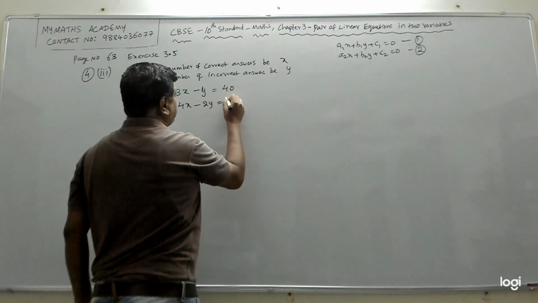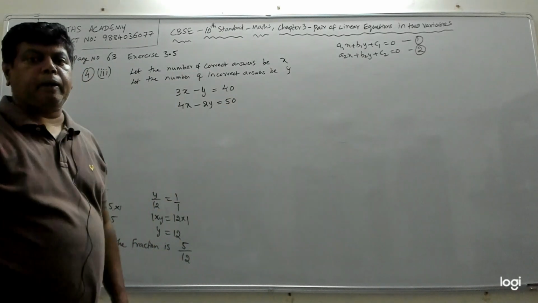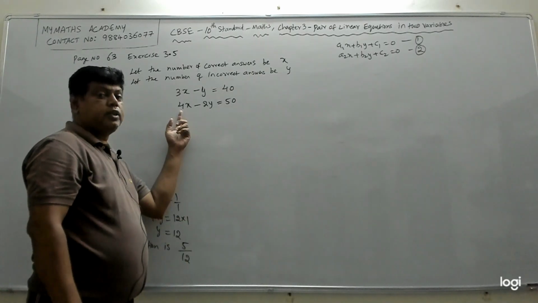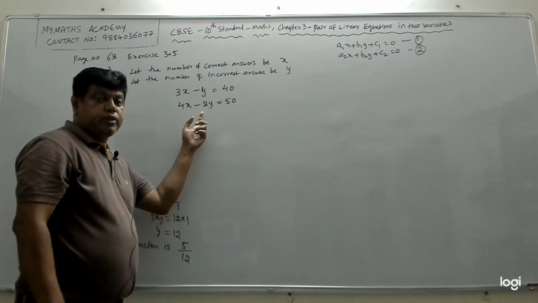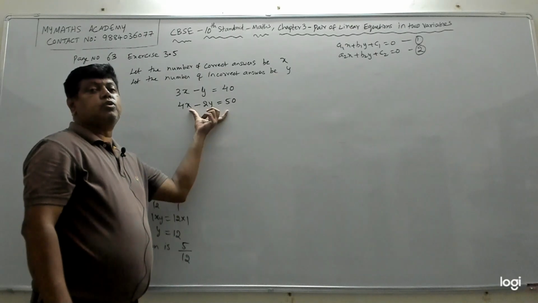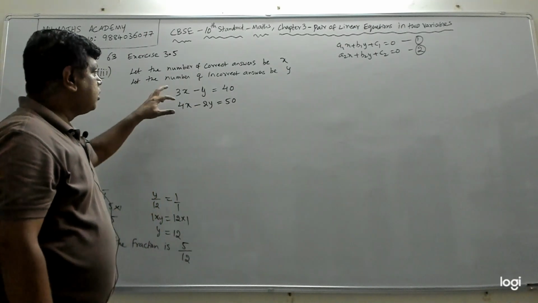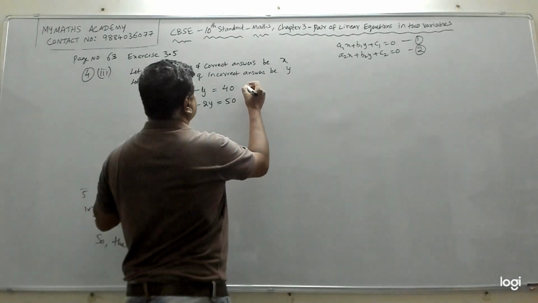So his mark would have become 50. Suppose he got 4 marks for each right answer and -2 was deducted for each wrong answer, his score would have been 50. Right? So with this we should find the answer.